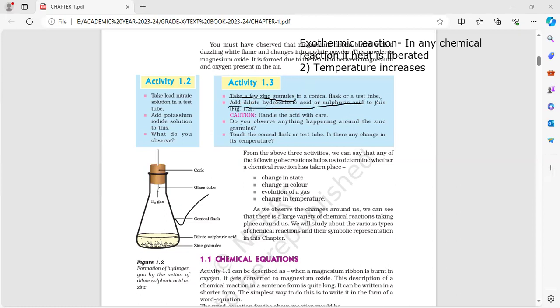What is the formula of hydrochloric acid? I'll write here: HCl. And sulfuric acid is H2SO4, with capital S, capital O, and subscript 4.